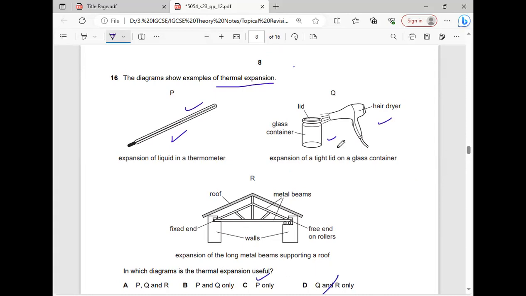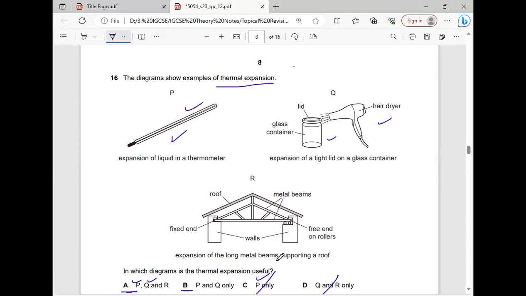Q and R. Q, metal lid is there. When we provide heat through a hair dryer, it's easy to open the lid. It means P and Q. So this option is now wrong as well since Q is not there. Okay. Now we have to select A or B. Now just look at this figure.